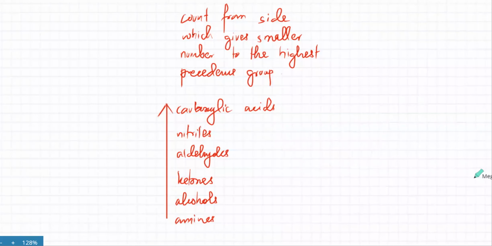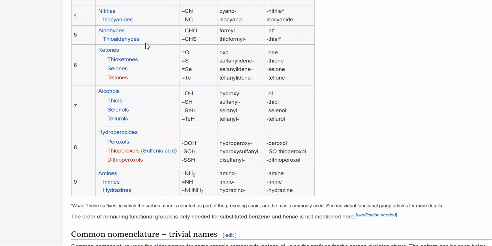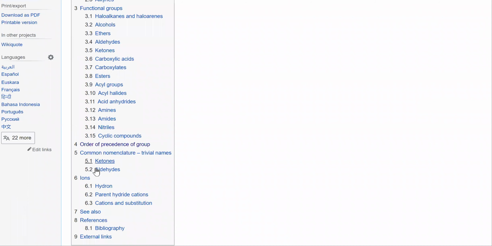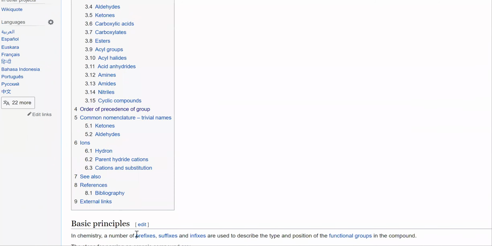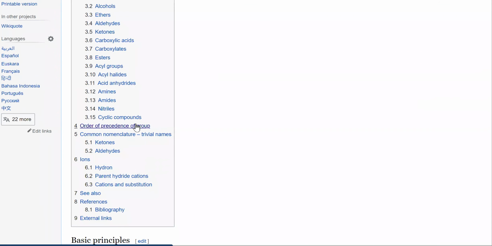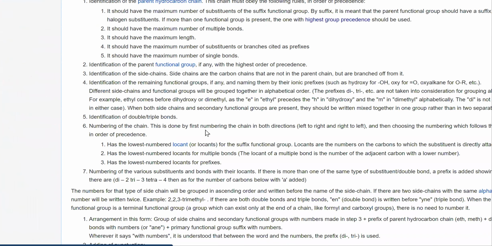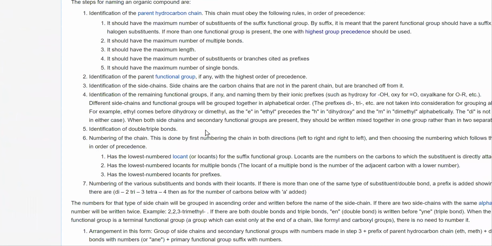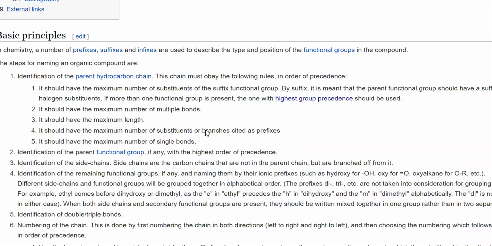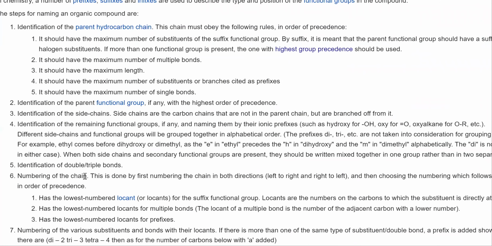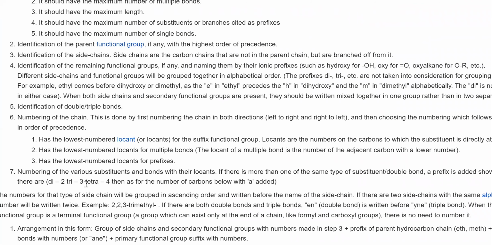So even the numbering system would be provided over here. Like just the basic principles. So here's the action: identify the side chains, identify the numbering of the chain.